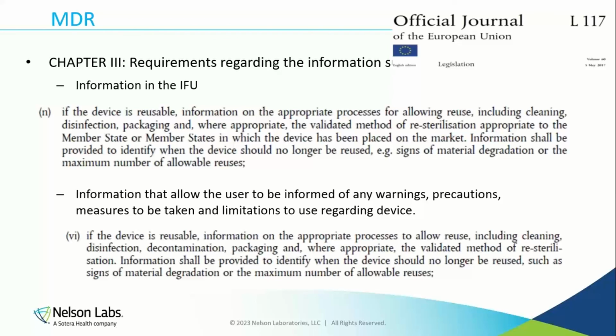So as long as you identify where the material degradation is happening, you don't have to do the testing. But how can you identify where the material degradation is? So you have to do some sort of testing to do that. You just can't look at a brand new device and say, oh, after 10 uses, after 20, 50 uses, it's no longer good. You have to have some sort of data to estimate that.